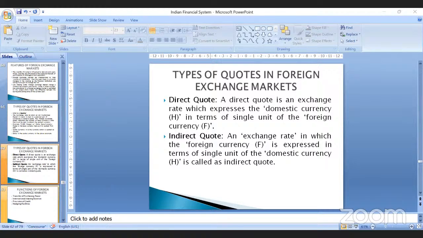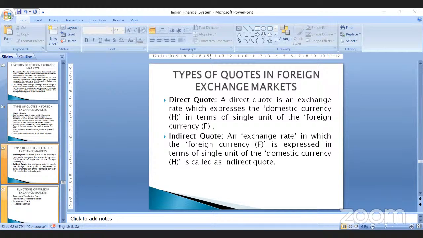A direct quote is always expressed in number of home currency units per single unit of foreign currency. I told you 72 rupees per $1. $1 is the foreign currency, that is the single unit, whereas 72 rupees is your home currency. Whereas an indirect quote is a quote in which foreign currency is expressed as a single unit of domestic currency.